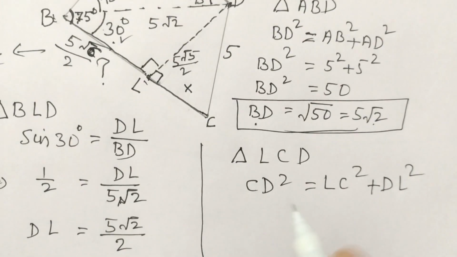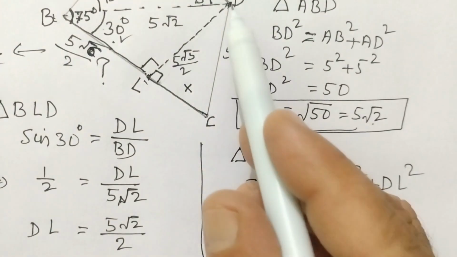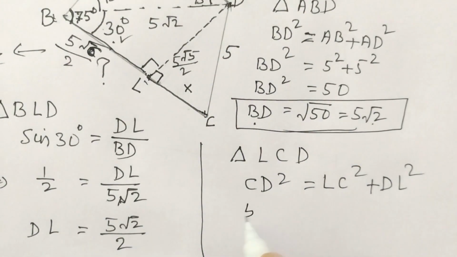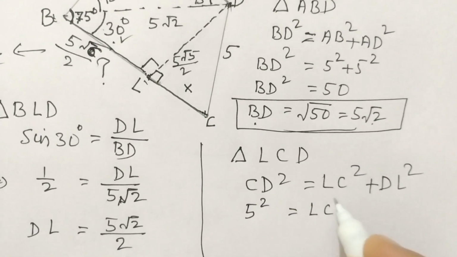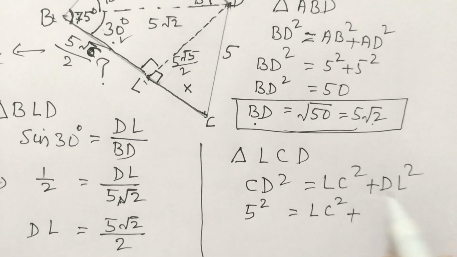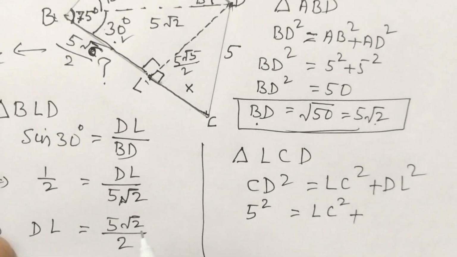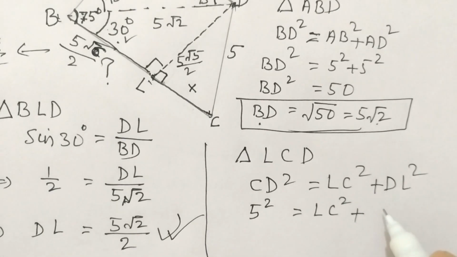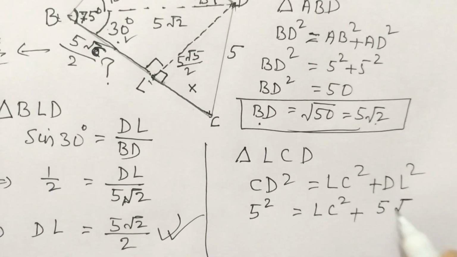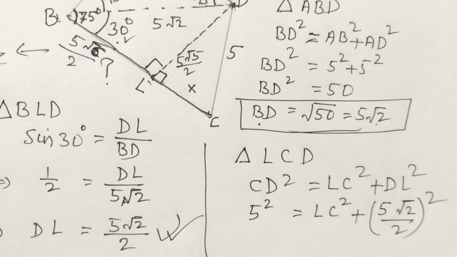So CD is 5, so 5 square is equal to LC square plus DL, which is 5 square root of 2 over 2, whole square.